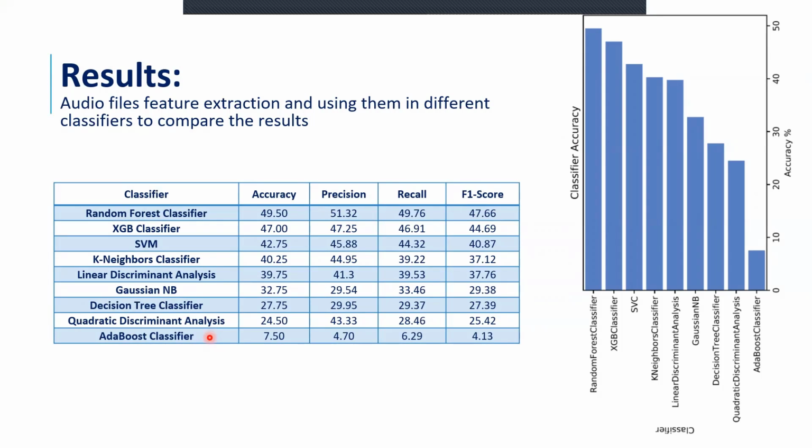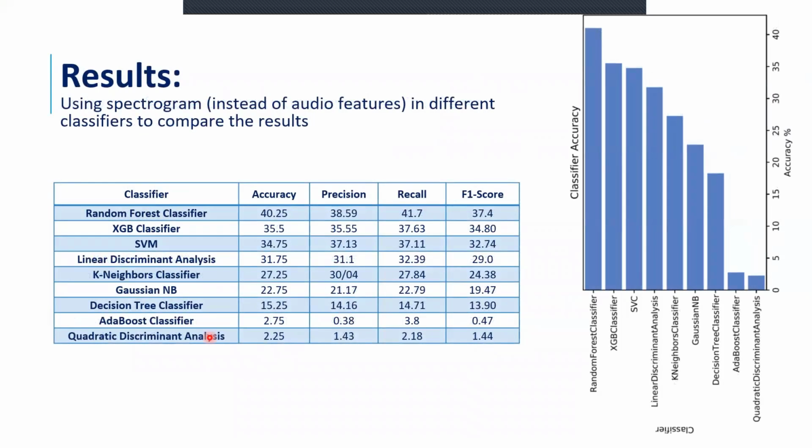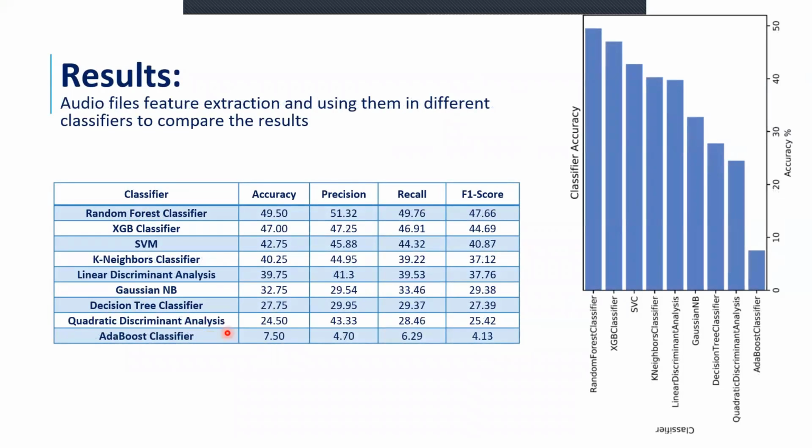As we were trying the XGB classifier, we ran into this classifier as well, so we thought to give it a try. As you can see, these results are for the feature extraction inputs, and the best accuracy and performance results were for the random forest classifier.